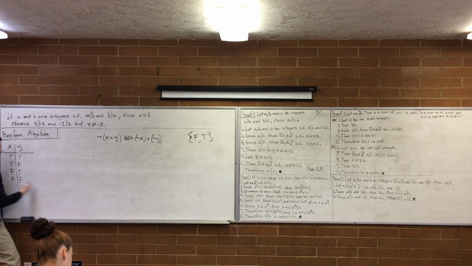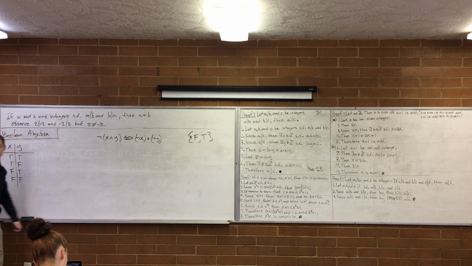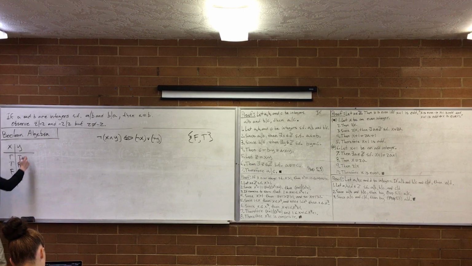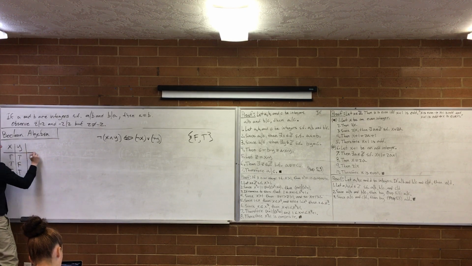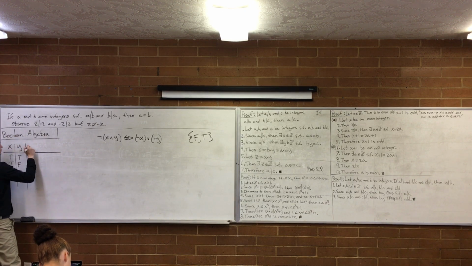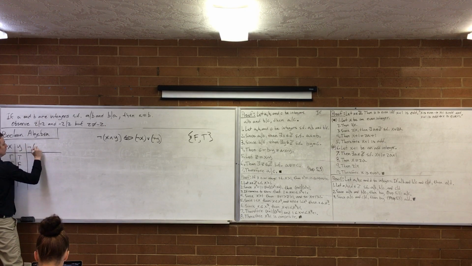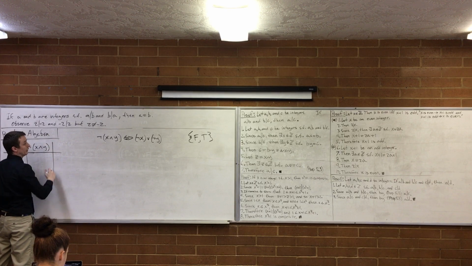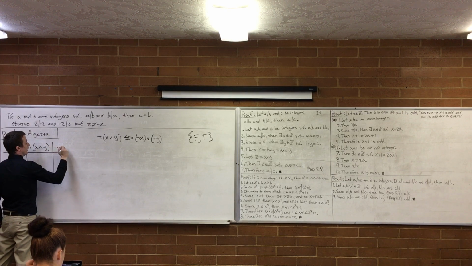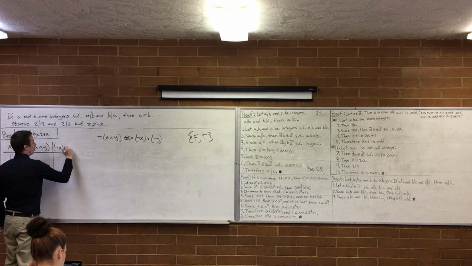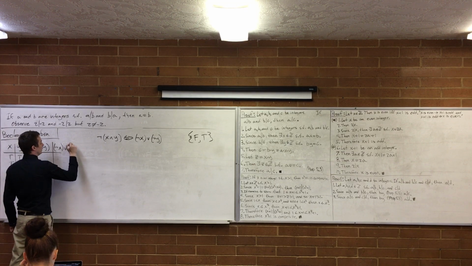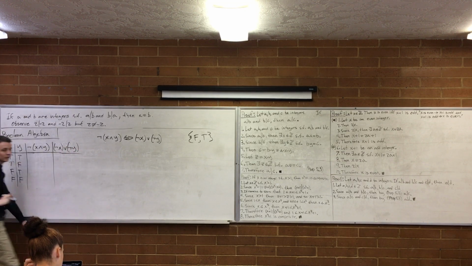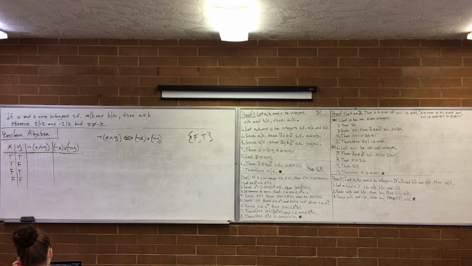These are all the possible things I can plug in. Here we need to evaluate not (x and y), and here we need to evaluate not x or not y. You understand how we're going to fill in the table?